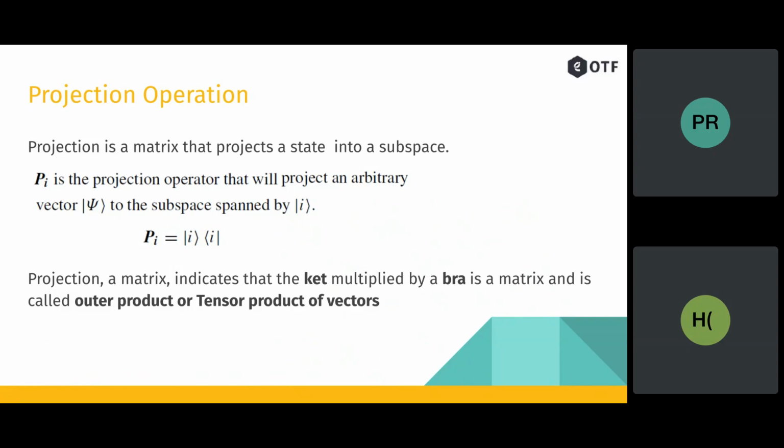So the projection operator, appearing as a matrix in the subspace, is represented as pi equal to ket i bra i, which is nothing but the outer product.